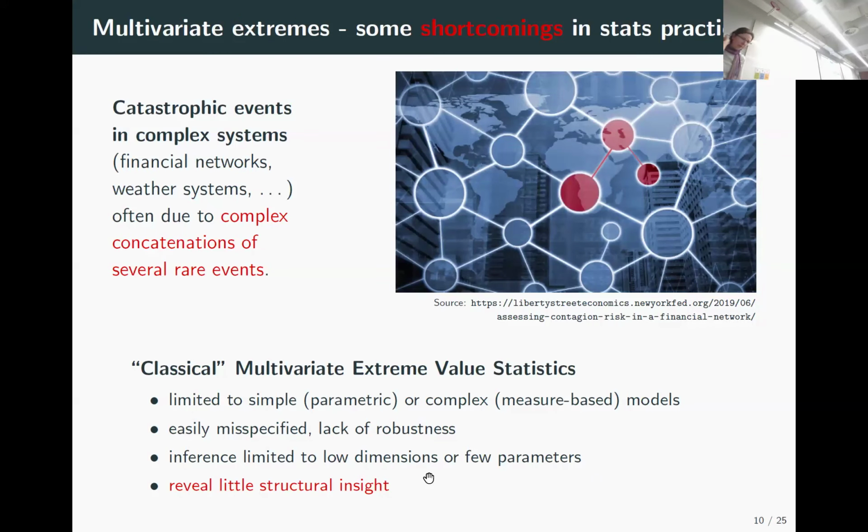Multivariate extremes. There is a huge body of literature on multivariate extremes models, more than 30 years actually. Some of the most prominent models nowadays were invented in the late 80s, and they have entered textbooks over the last decades.